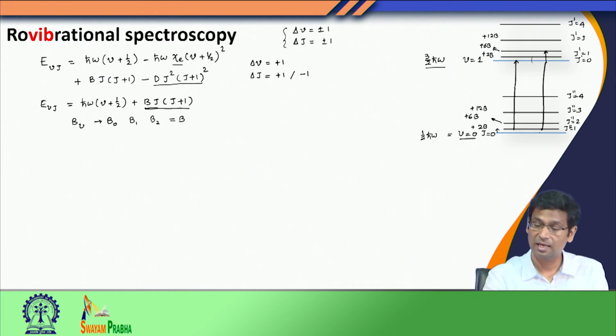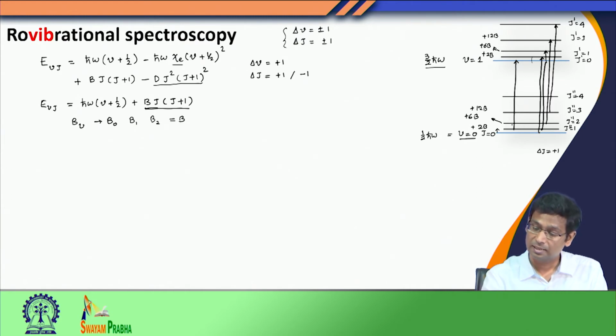In this case, the left transition is delta J equals minus 1, the right transition is delta J equals plus 1. So, from J double prime 0, I can show a delta J equals plus 1 transition, where it goes from 0 to 1 level, and similarly starting from 2, I can go to 3, starting from 3, I can go to 4. These are all delta J equals plus 1 transitions.